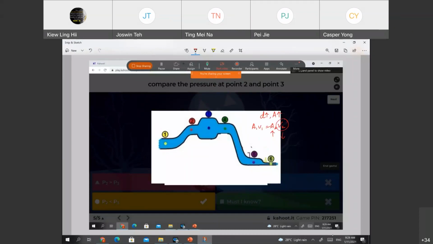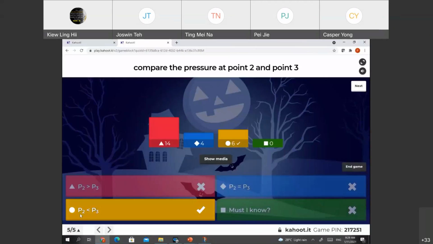From Bernoulli's principle, when velocity decreases, pressure increases. So pressure 3 will be larger than pressure 2. So it's the yellow color.